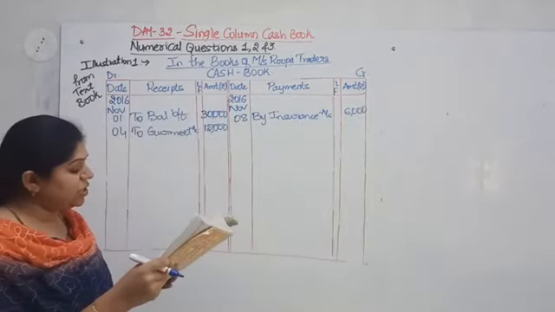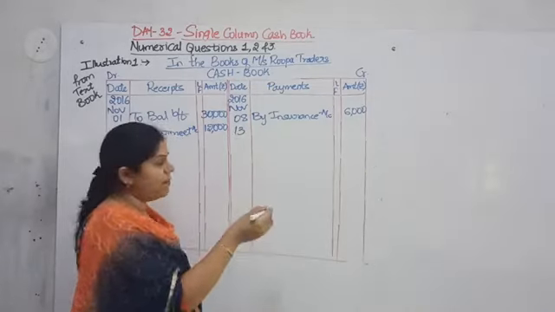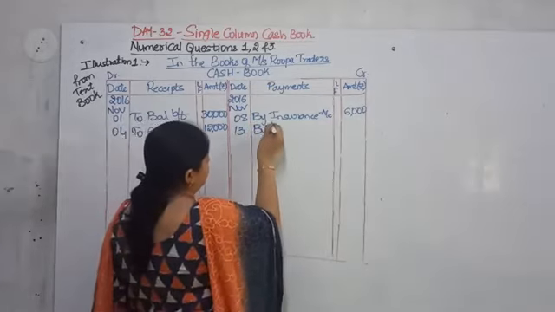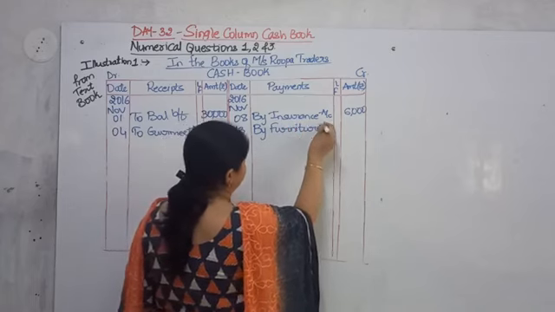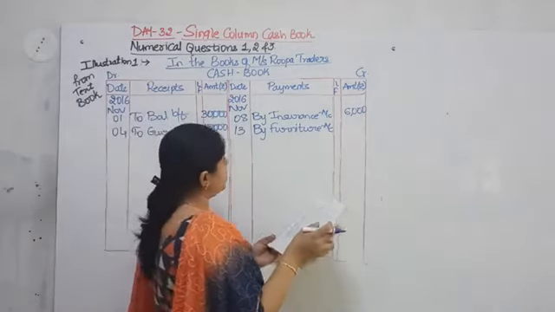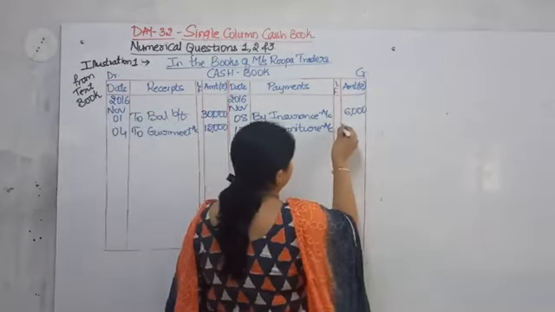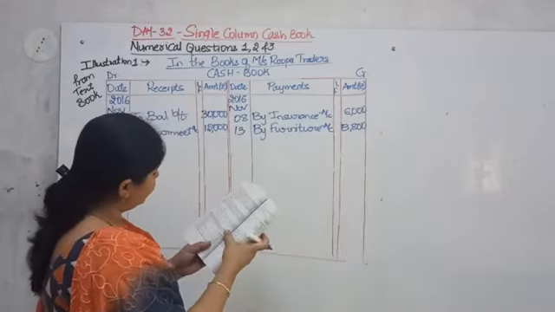Next, purchased furniture. Okay, again purchase ಮಾಡಕತ್ತೀರಂದ್ರೆ it's a payment, by furniture account. What is the amount? See, amount is equal to rupees 13,800. Okay.